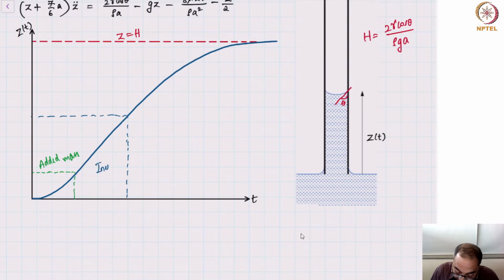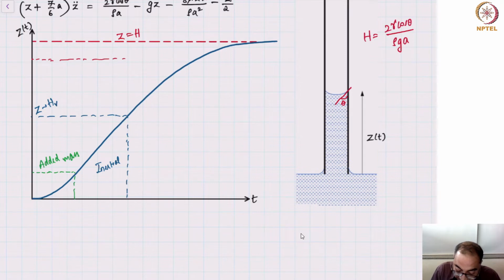This is the inertial regime, and the height we can say roughly is z goes like h nu, or h v. Beyond this height, we expect viscous forces to kick in, and therefore we should expect that there are two more regimes.